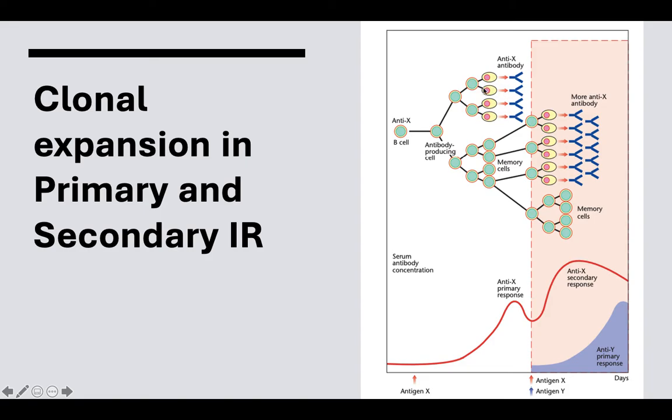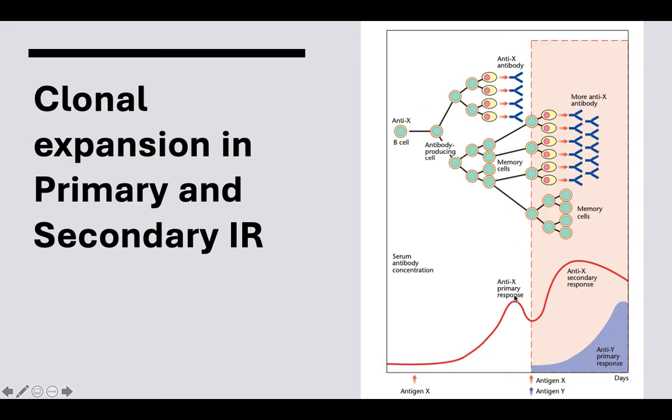The clones are the ones responsible for producing the antibodies. Most of the clones will be very active during the peak period of the primary response. They will produce antibodies against antigen X so that it can be totally cleared, while others will remain as memory cells.